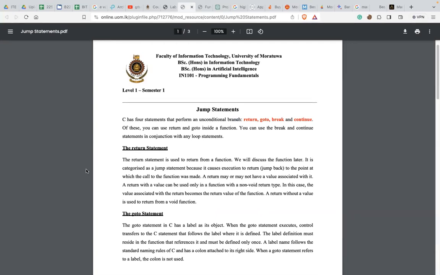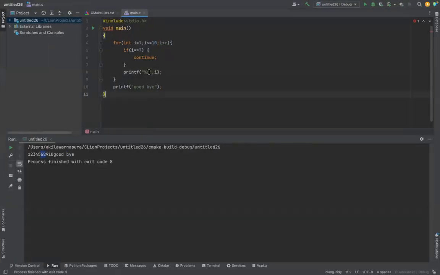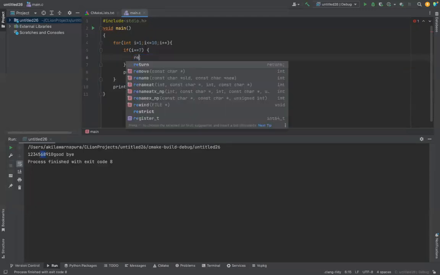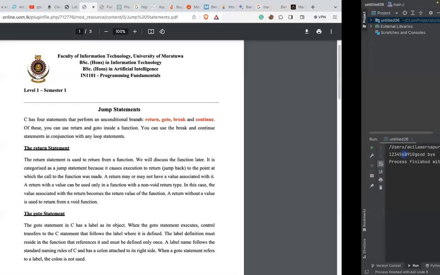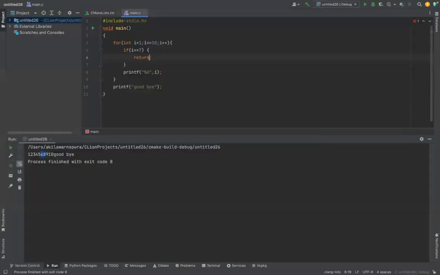Yes, actually at this moment you don't get a proper idea of what return and return zero mean. You asked about return and return zero, isn't it? Kumar, you asked what is the difference between return and return zero.